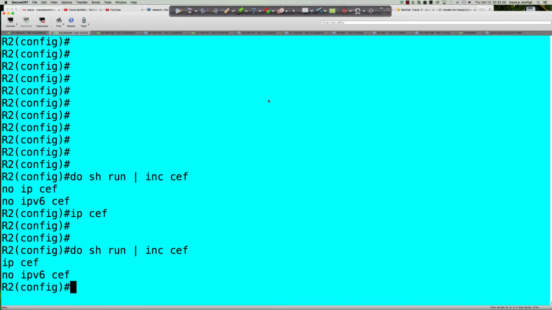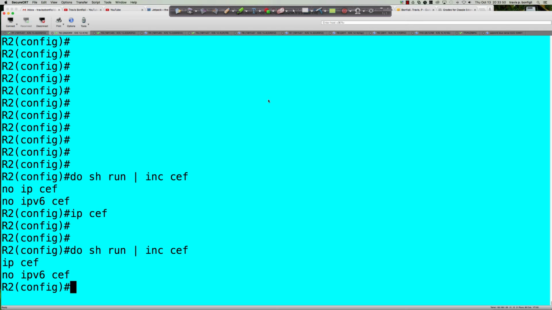You're going to see that CEF for IPv4 is actually activated, right? It'll be on by default. But what you'll also see is that CEF for IPv6 is not on by default. So again, if you wanted CEF for IPv6, that would be something that you would have to manually enable.